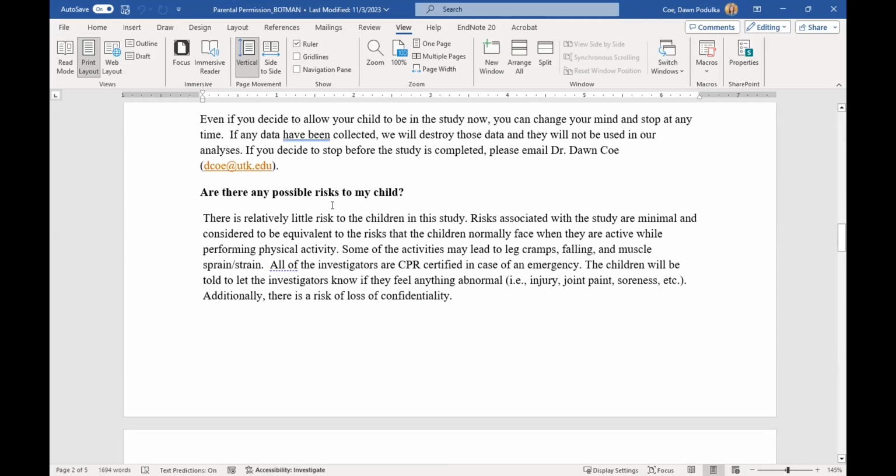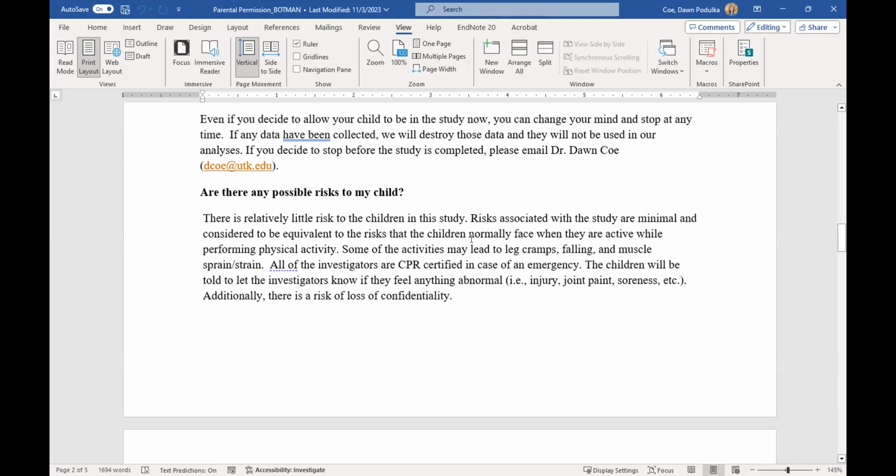A big thing is talking about any risks. So you have to think about any risk that may occur during the study. Risks are minimal in this study. The risk is pretty similar to what kids would normally face when they do activity. And actually, because it's a controlled environment, there's a reduction in risk.